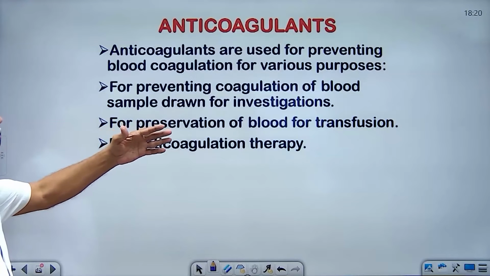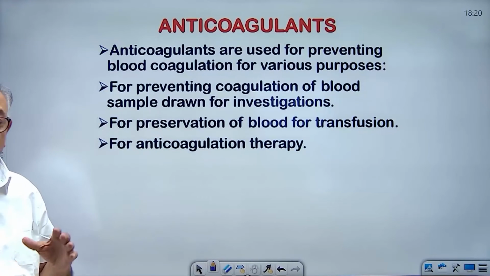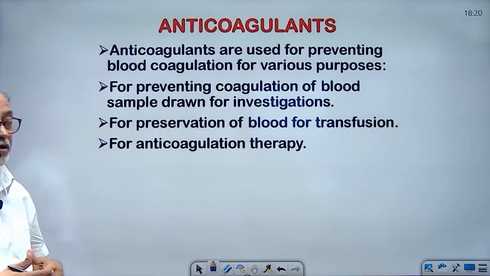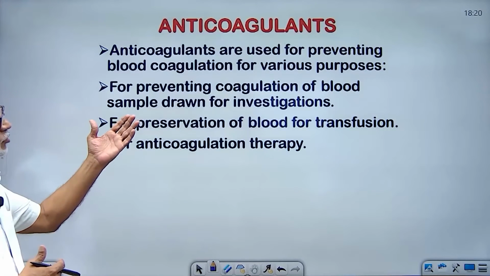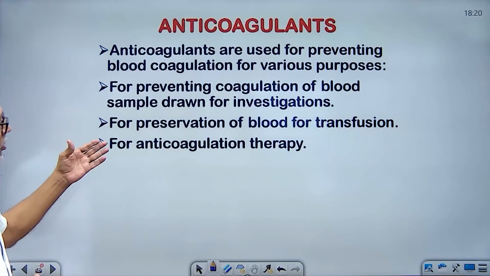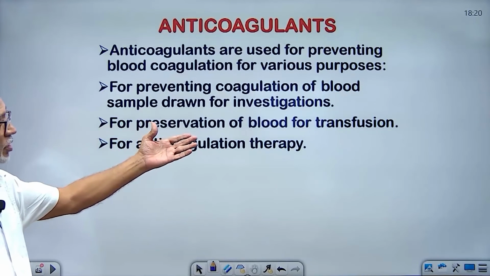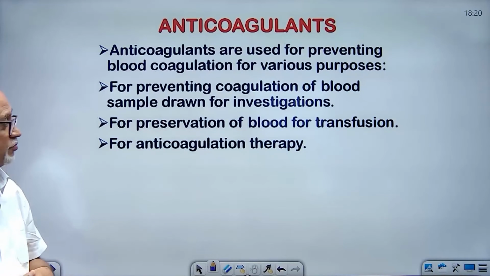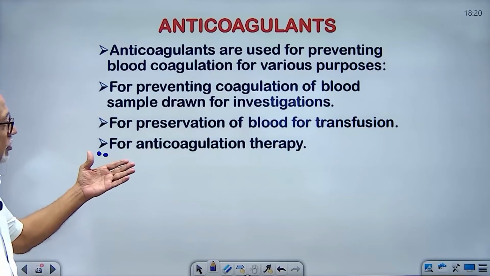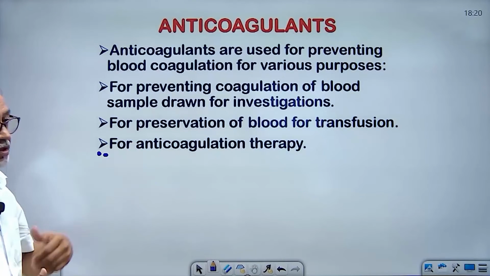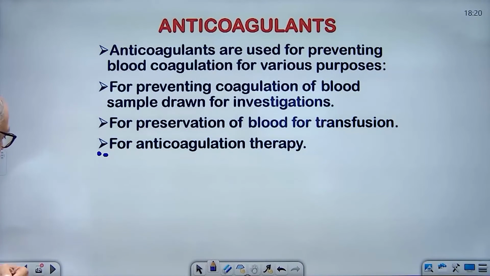For preventing coagulation of a blood sample, when blood is drawn for various investigations, it has to be mixed with anticoagulants so as to prevent coagulation. They are also used for preservation of blood for transfusion, and for anticoagulation therapy.